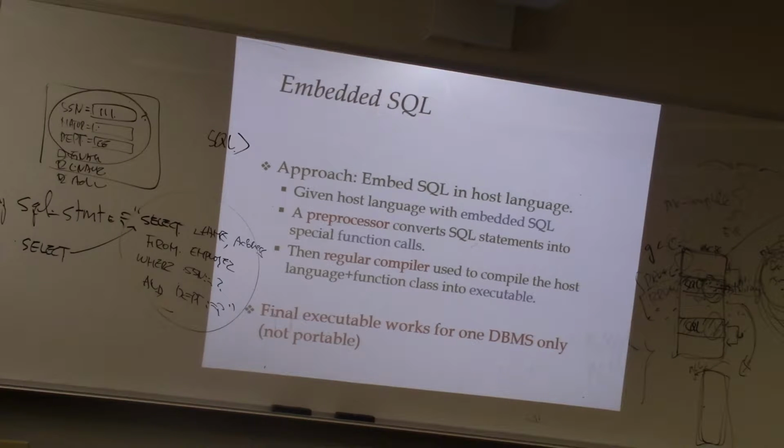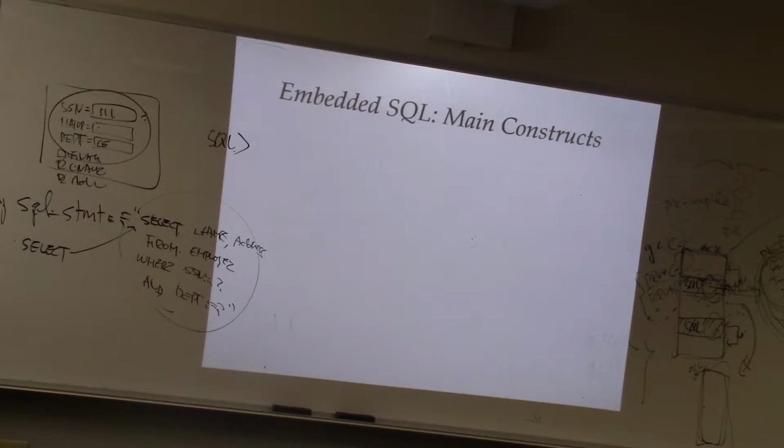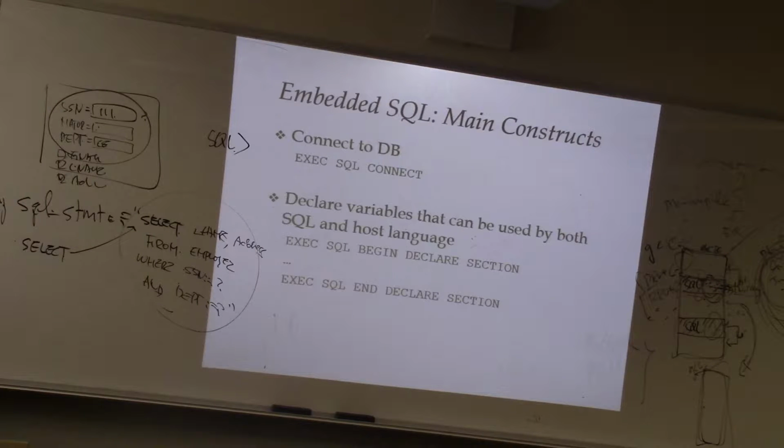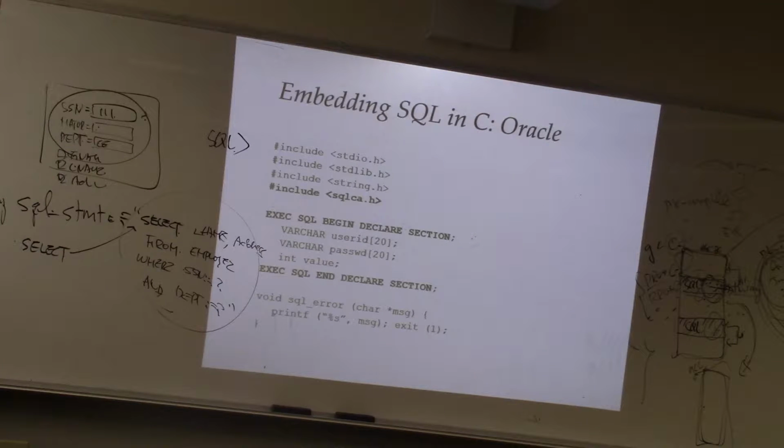It's basically using a pre-compiler, a pre-processor. So we can use EXEC SQL or EXEC SQL BEGIN and END in our programming language. Okay. So this is an example of C code. It's called Pro*C in Oracle.